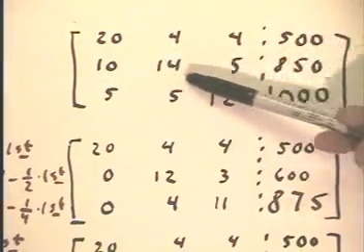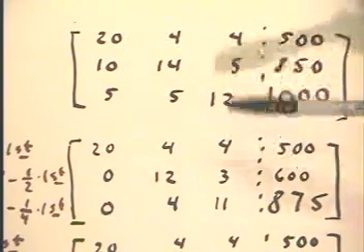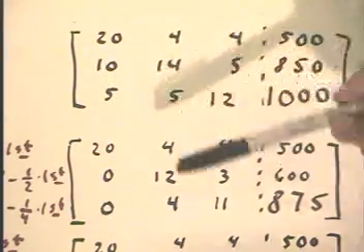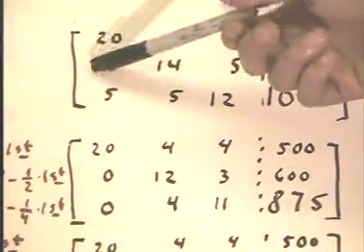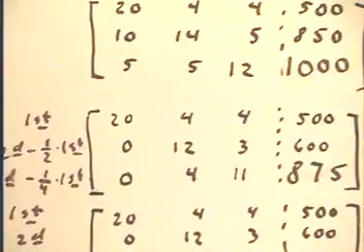The main diagonal of this matrix on the left of the dotted line is the 20, 14, 12. Below the main diagonal we've got these three numbers here, the 10, the 5, and the 5. And we'd like to replace these numbers by zeros using operations that keep the whole system consistent with what it was at the beginning.